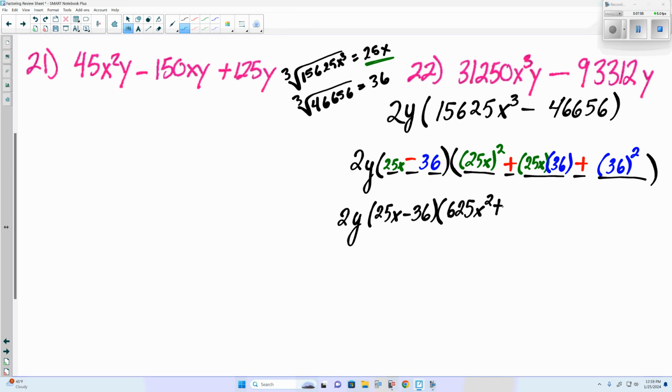The next one we're going to do is 25x times 36. And our 25 times 36 is 900x. And our last one is going to be 36 squared, which is 1296.